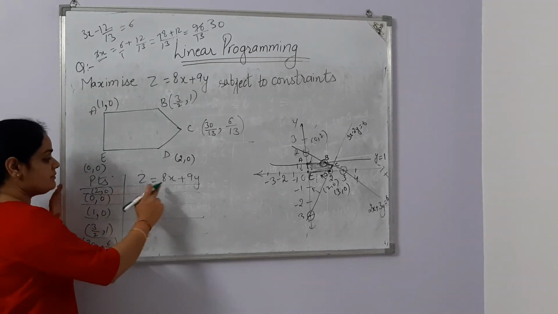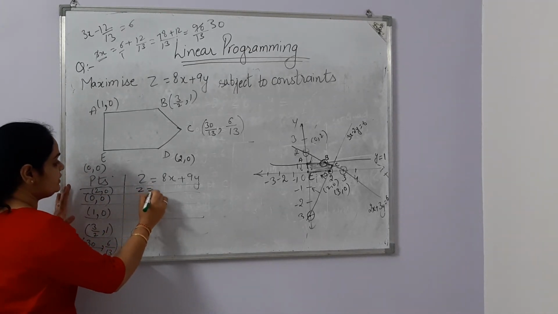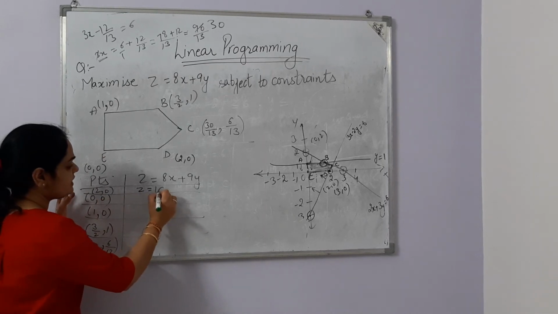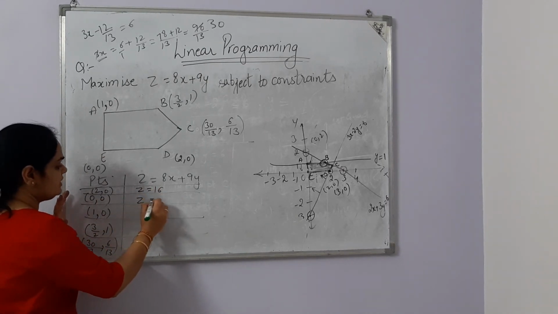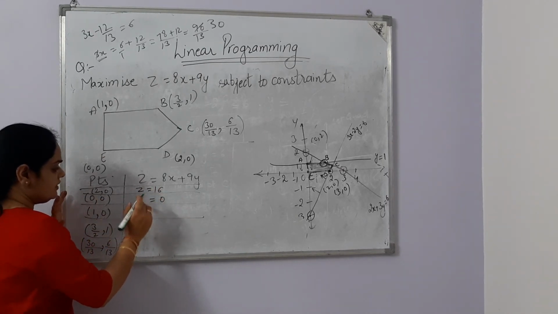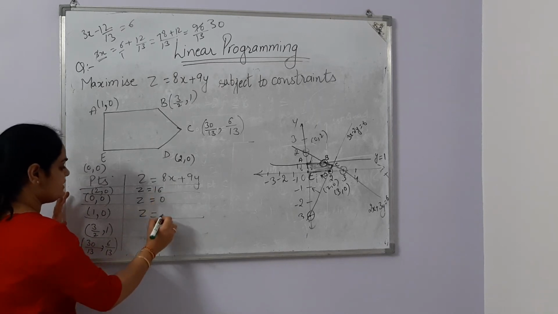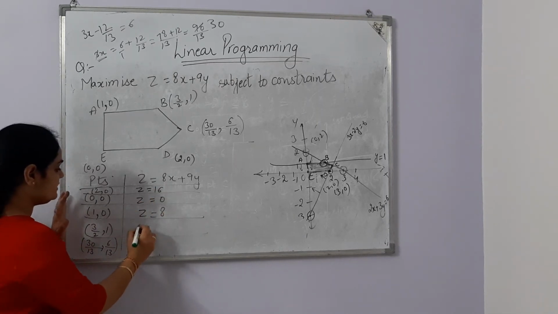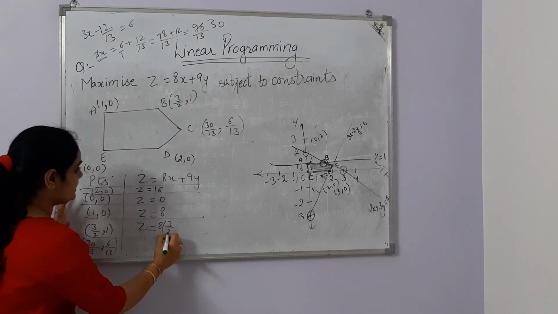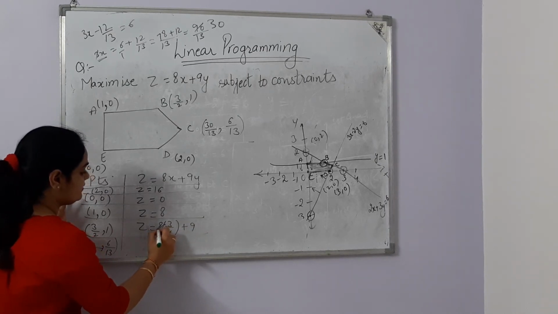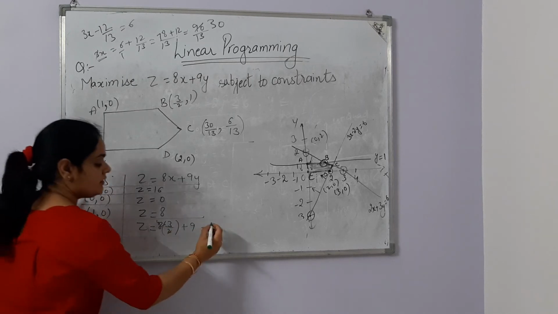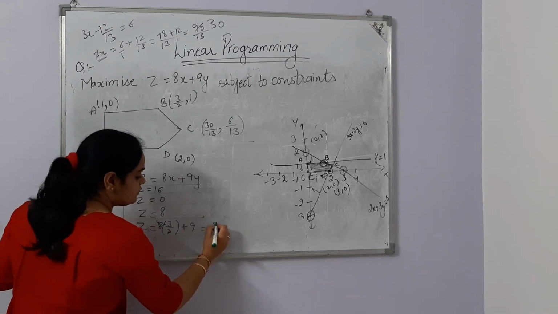So we substitute (2, 0) in the function: Z's value is 8 twos are 16. Here Z is 0, here Z is 8 ones are 8, and here Z is 8 into 3 by 2 plus 9, which is 12 plus 9 is 21.